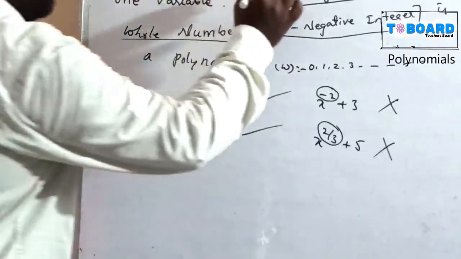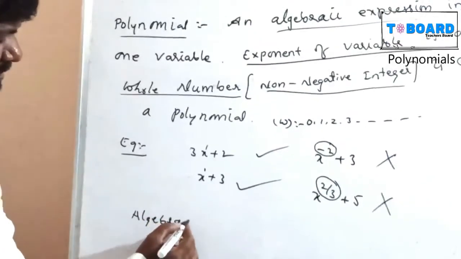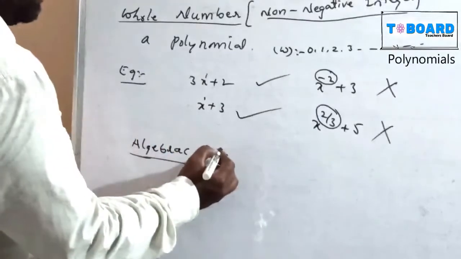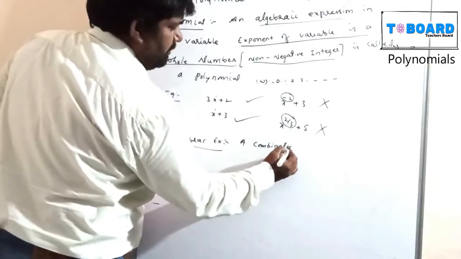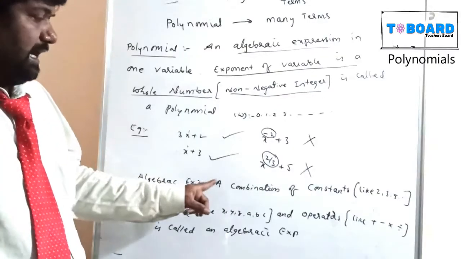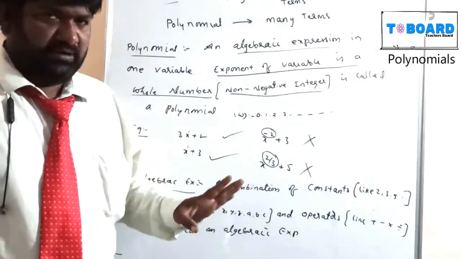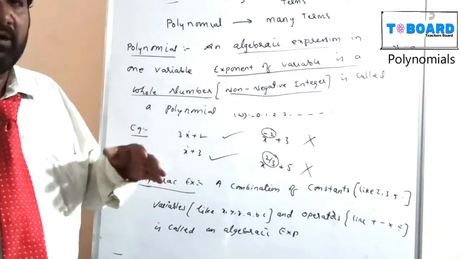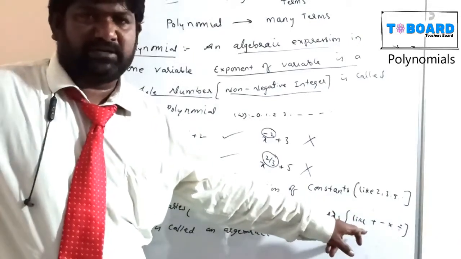Here, what is an algebraic expression? An algebraic expression means a combination of constants, constants meaning like 2, 3, 5, any number, and variables like x, y, z, a, b, c, alpha, beta, and operators, operators meaning plus, minus, into, divided by.